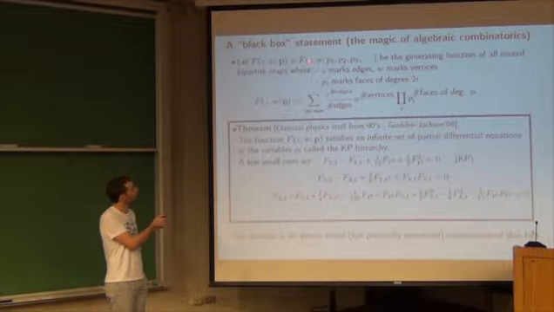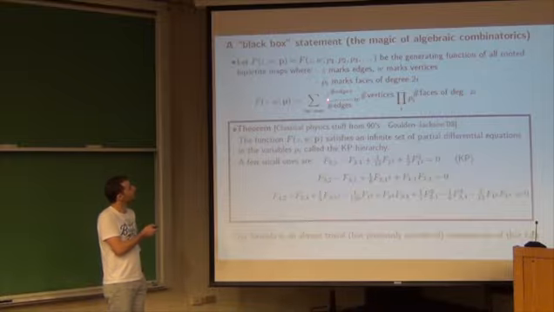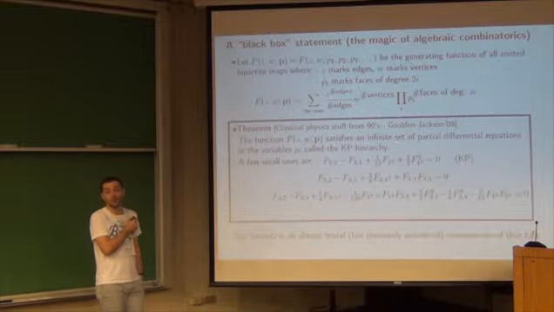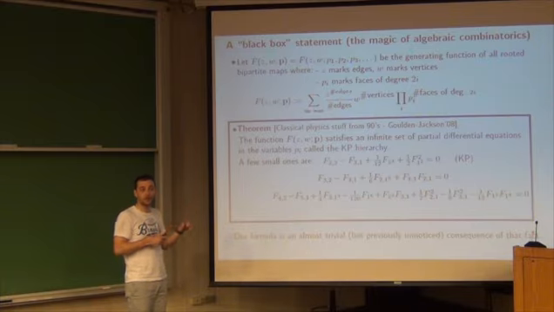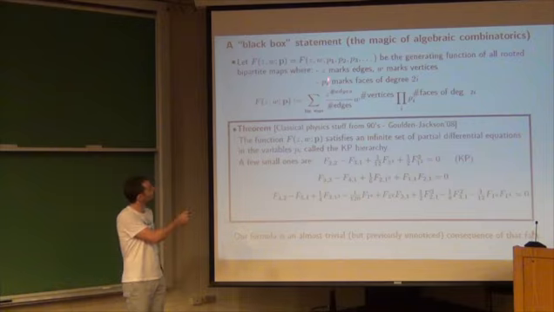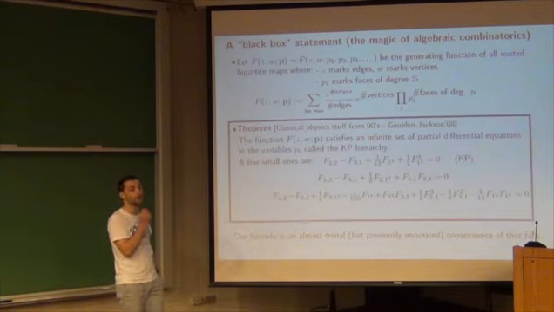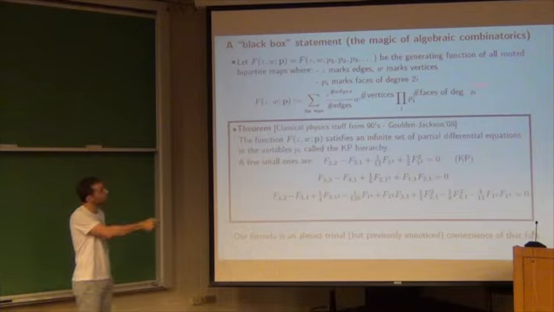Z is a variable that marks edges, w is a variable that marks vertices, and the p_i mark the face degrees. More precisely, since my map is bipartite, all the face degrees have to be even because the colors alternate. So I put a variable p_i for the faces of degree 2i. And I form this huge object.